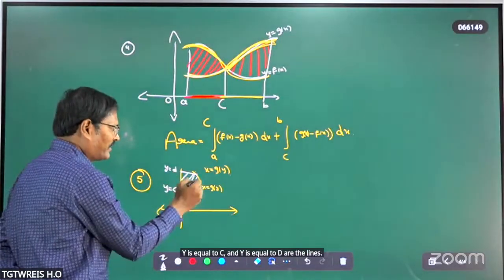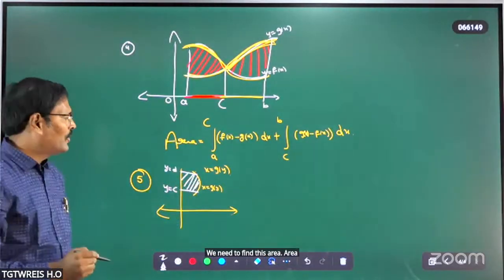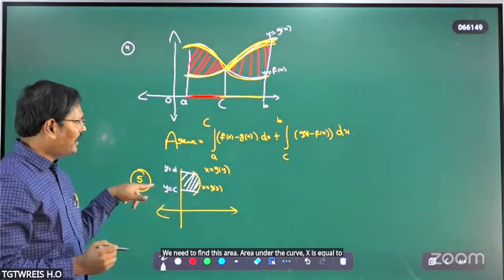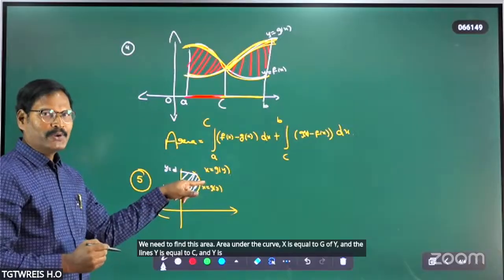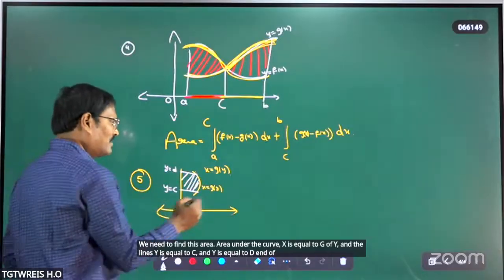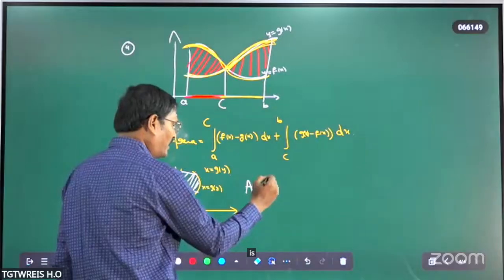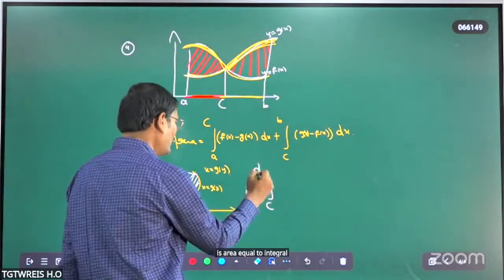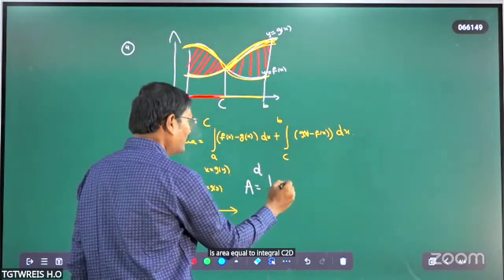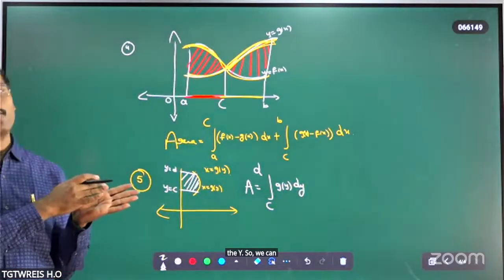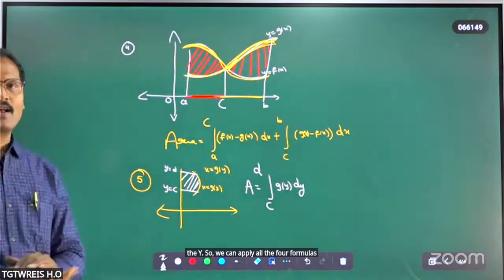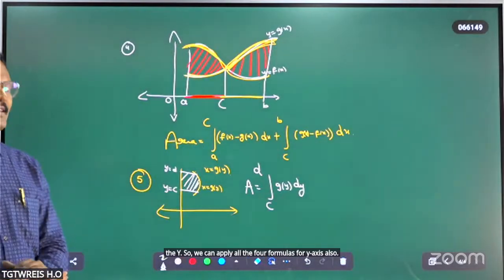We need to find this area. The area under the curve x is equal to g of y and the lines y is equal to c and y is equal to d and the y-axis is area equal to integral c to d g of y dy. So we can apply all four formulas for the y-axis also, as it is.